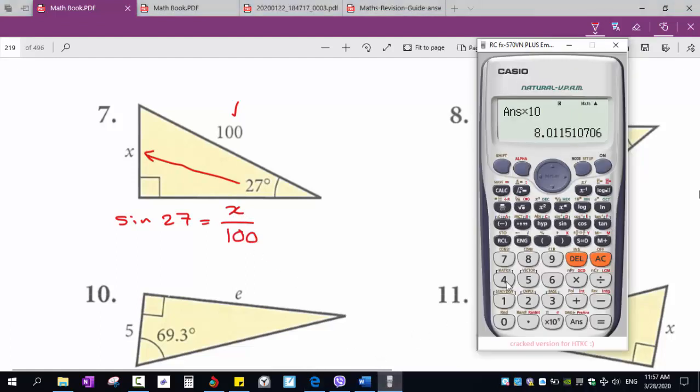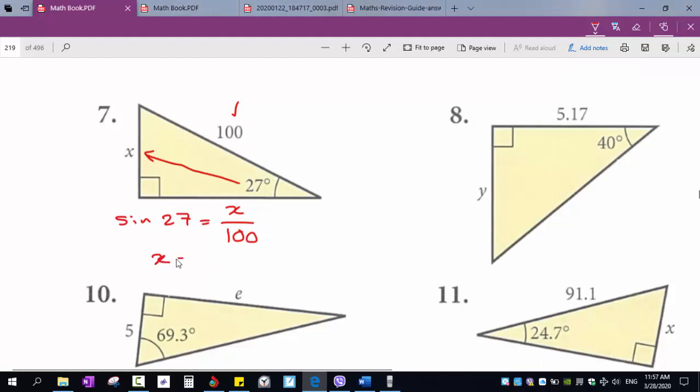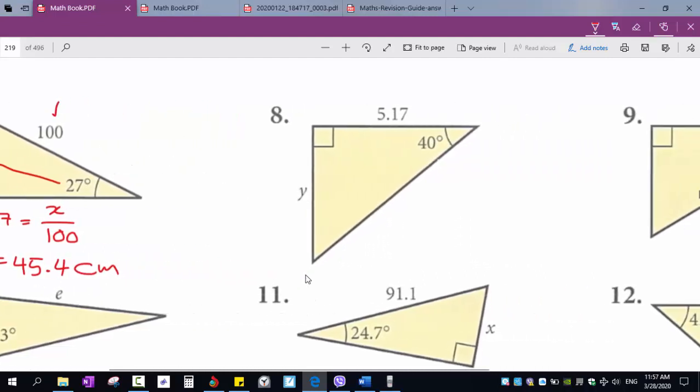Sine of 27 is 0.45. To get rid of this 100, we have to multiply it by 100. That gives 45.39. To three significant figures, it will be 45.4. Well, x is 45.4 centimeters long.